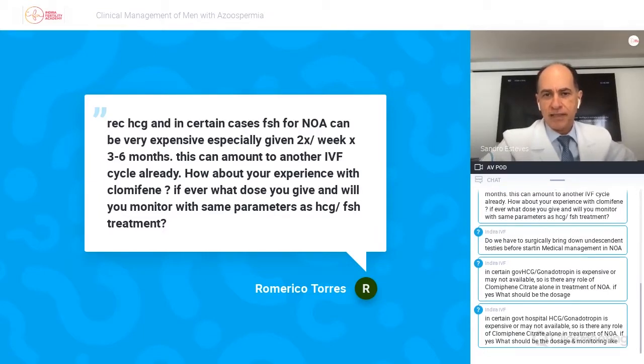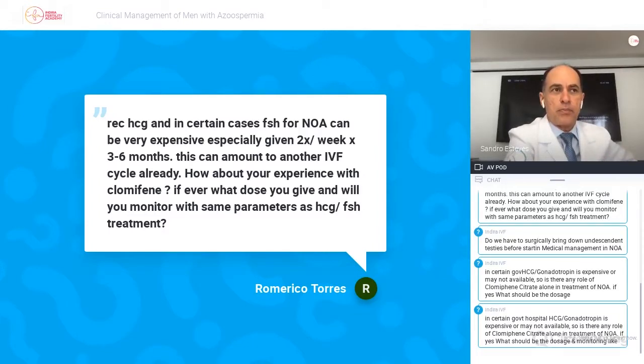Only about a third of the treated patients will need FSH to be added. So if the patients stay with HCG alone, it won't be that expensive. It will be perhaps a third of an IVF cycle in terms of the expenses, but still could be expensive for some patients.